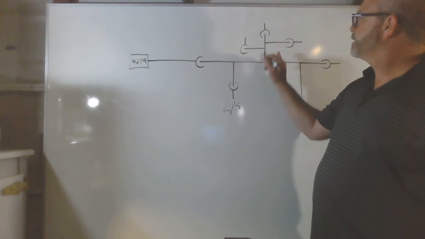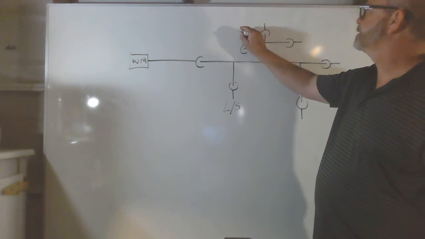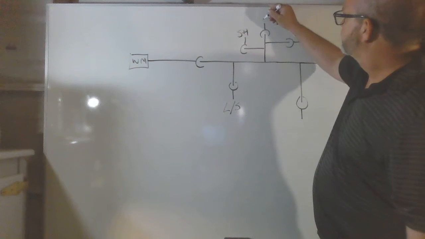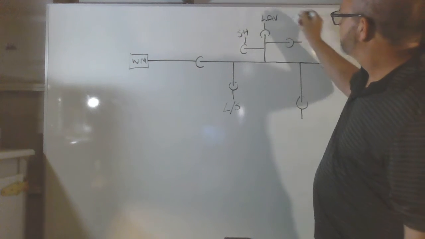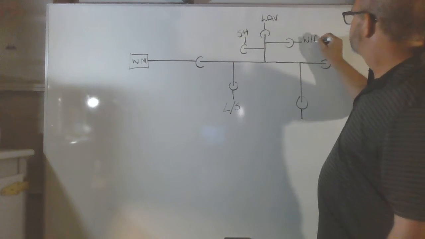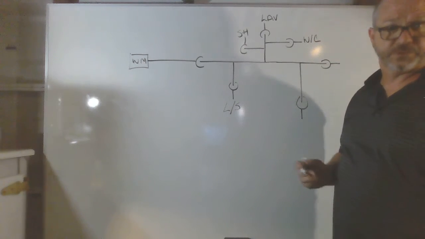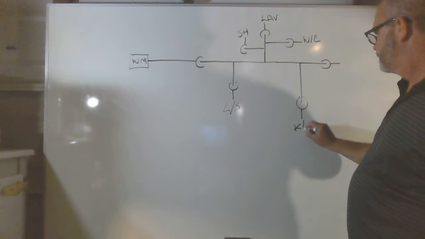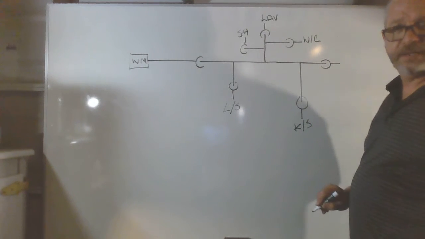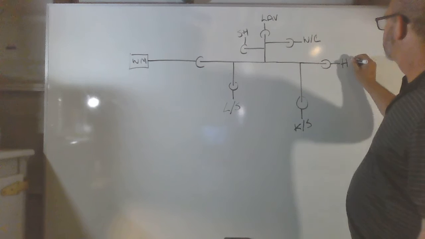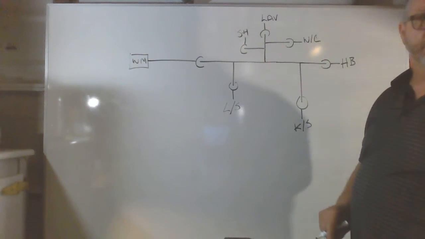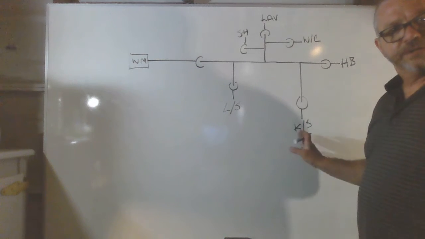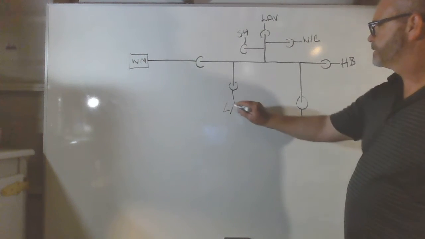And then you're coming into the bathroom here, so we'll have shower, lav, water closet or toilet. And then you'll have here kitchen sink, and in the back here the hose bib. I'm right here. Hi. So here's your schematic, right?